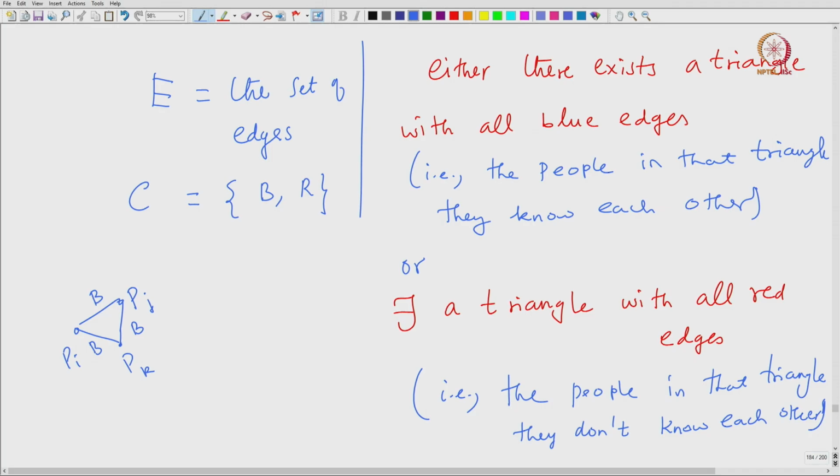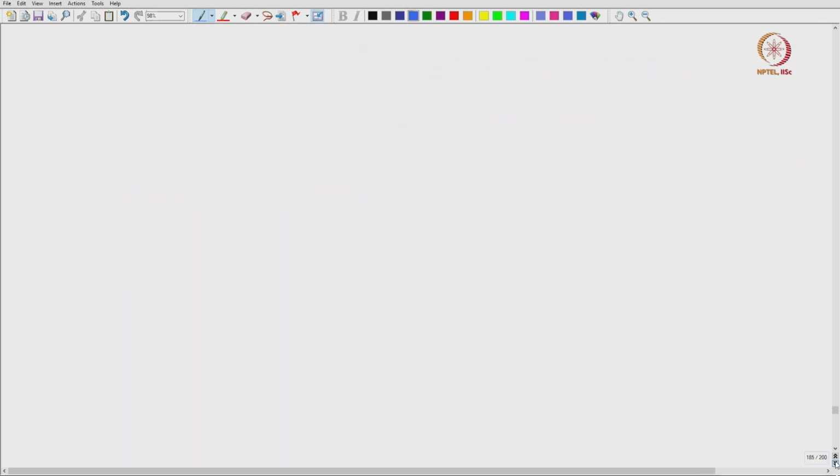Okay, how we are going to guarantee? So, since there are 5 edges coming from each vertex, that is what we are going to use. So, let us say we start with P1. Since there are 5 edges coming from P1 and only 2 colors are used, which are blue or red, we can guarantee that we must have 3 people. Okay.